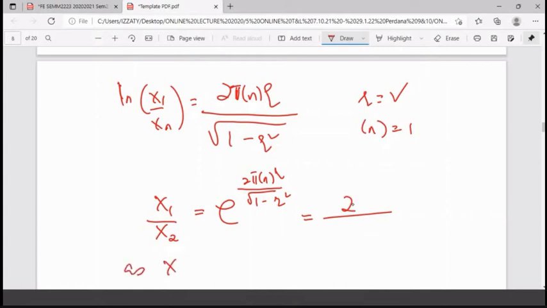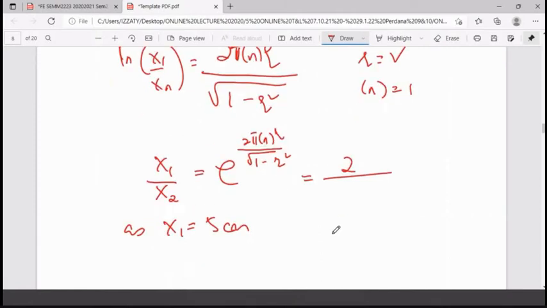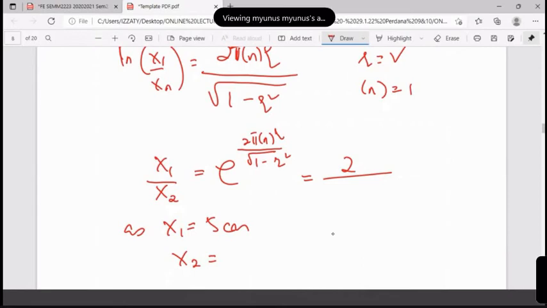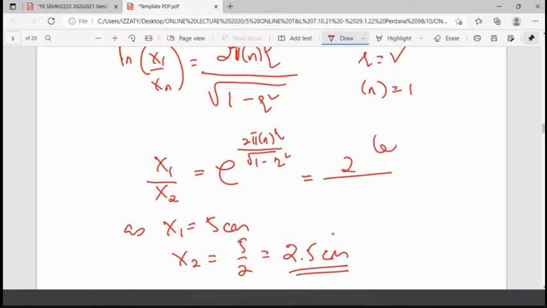As x1 is equal to 5 cm, because they provided just now x1 equal to 5 cm, so x2 will become 5 by 2, you'll be getting 2.5 centimeter. For example, this is not the answer, let's say it's equal to 2, for example. Okay. Any question? It's not very difficult, isn't it?